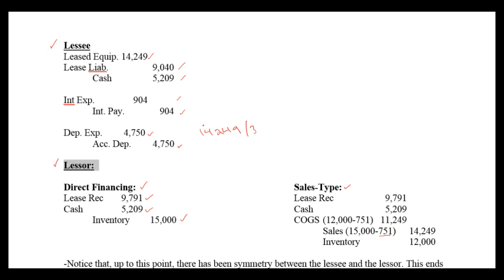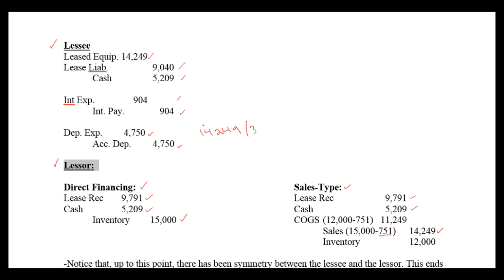We've subtracted it out because it's as though we didn't sell them that amount. We pick up the lease receivable, and we pick up the cash on the first day.